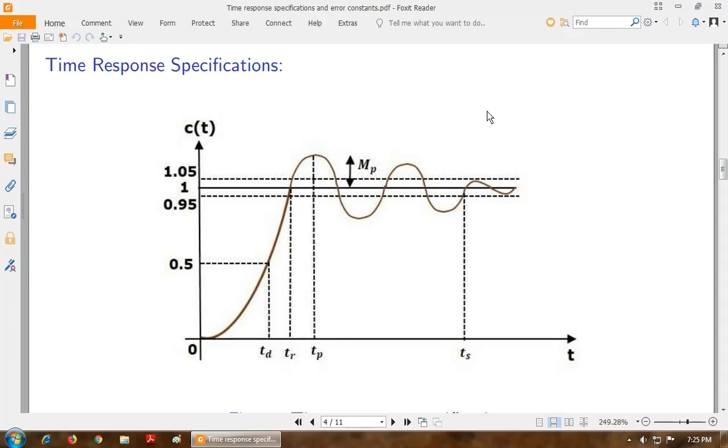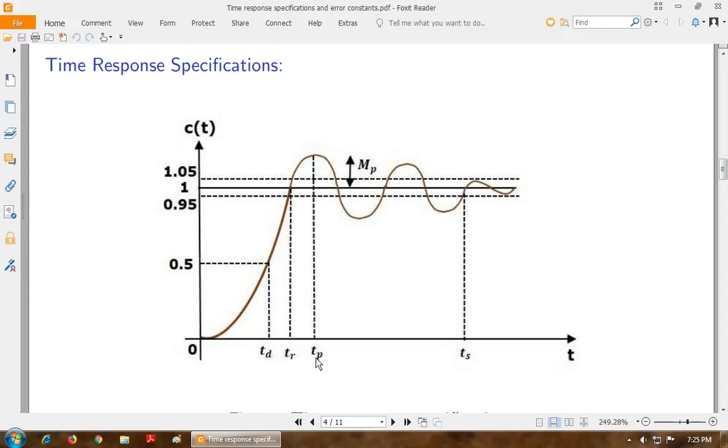The terms included are, first, the delay time. In detail we'll see, but since this figure is displayed, the first parameter is called the delay time, so this D stands for delay. Similar to this, there is a rise time, this R stands for rise.